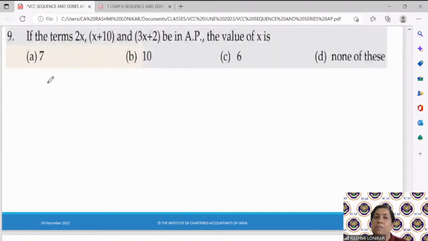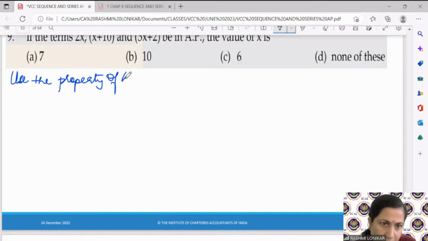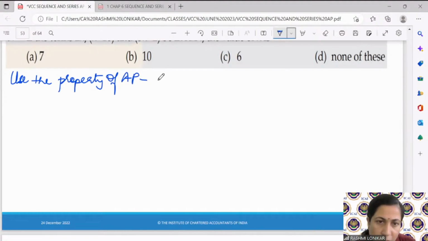When any numbers are in AP, the common difference will be the same. So we are going to use the property of AP. Which property am I using? Common difference.